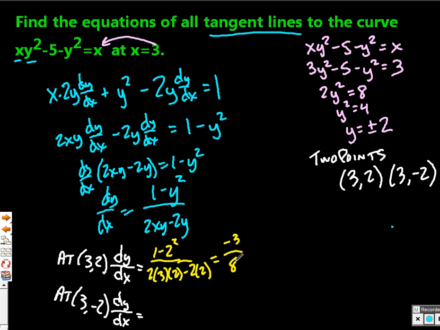This one here, 1 minus negative 2 squared on top, is still going to be negative 3. My denominator now is 2 times 3 times negative 2, minus 2 times negative 2. So my denominator is going to be negative 12 plus 4.